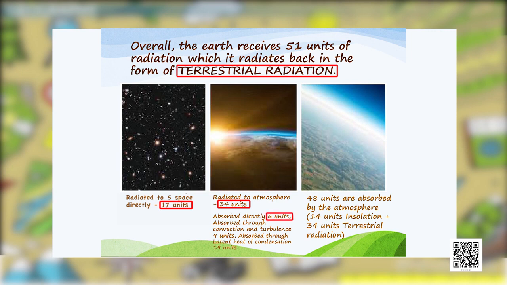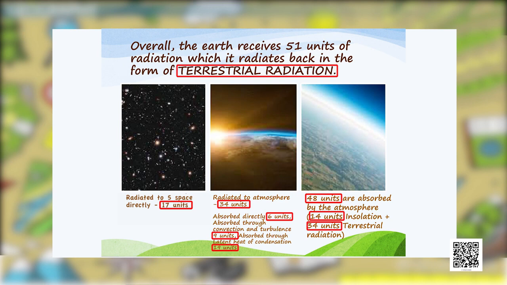6 units absorbed directly by the atmosphere, 9 units through convection and turbulence, and 19 units through latent heat of condensation. This is all very clear in the diagram given here. 48 units absorbed by the atmosphere, and the breakup of 48 is 14 units from insolation and 34 units from terrestrial radiation.